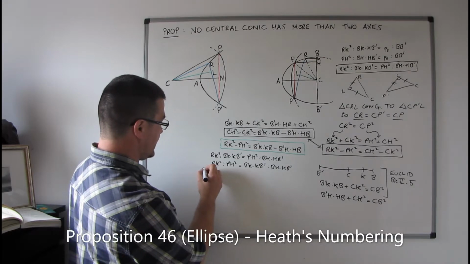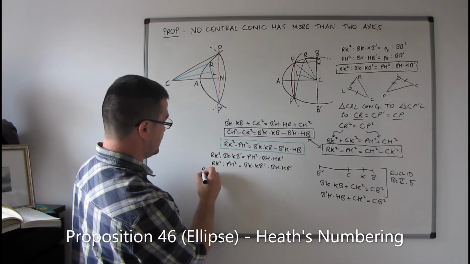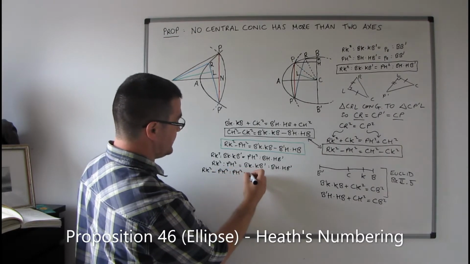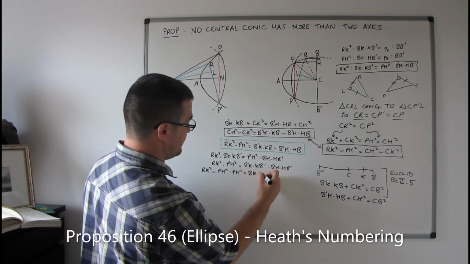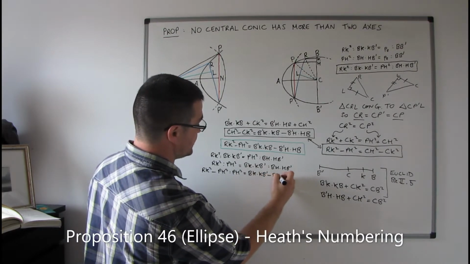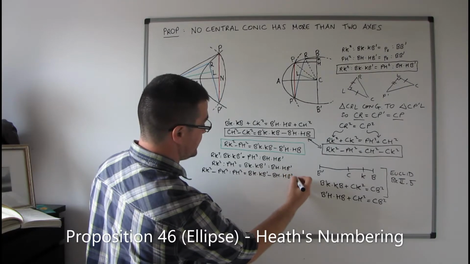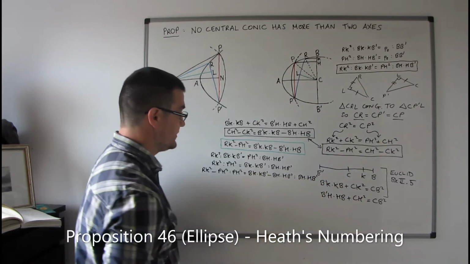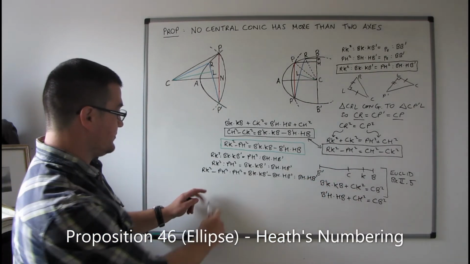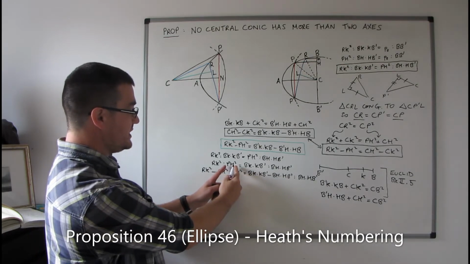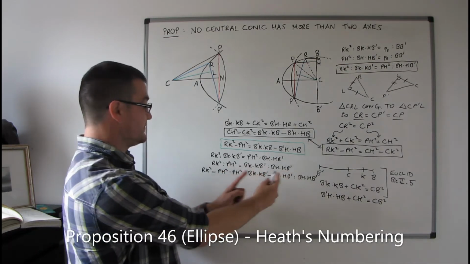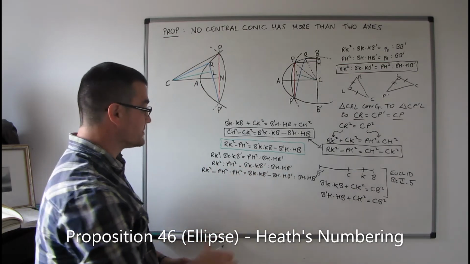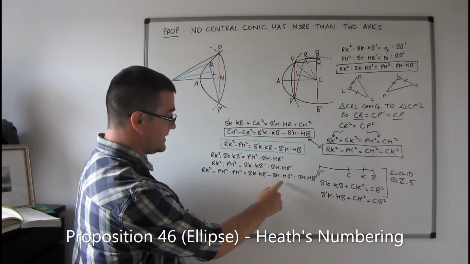So what I'm going to get is RK squared minus PH squared ratio PH squared is equal to BK times KB primed minus BH times HB primed ratio BH times HB primed. So all I've done is subtract the consequent in each case from the antecedent, and then replaced the old antecedent with that difference.